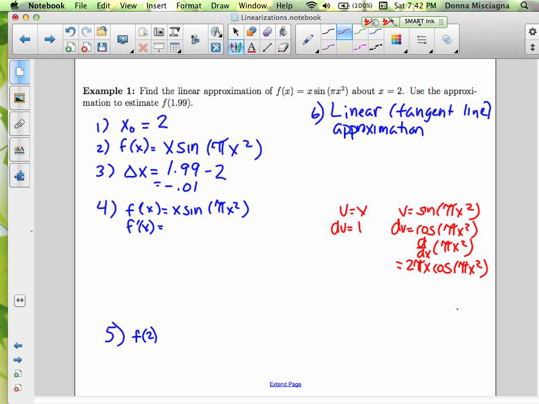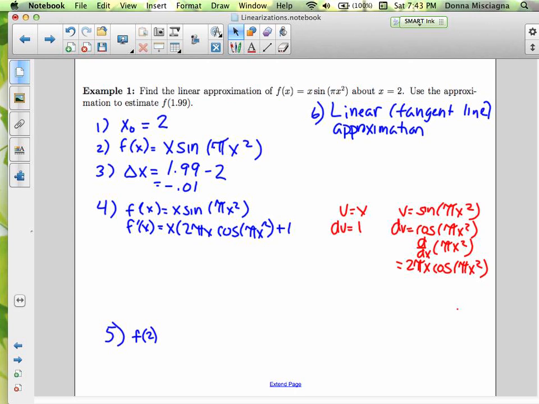So there we have our derivative. Now using the product rule, it'll be the first, x, times the derivative of the second, so times 2 pi x cosine pi x squared, and then plus the derivative of the first, which is just 1, times the second.